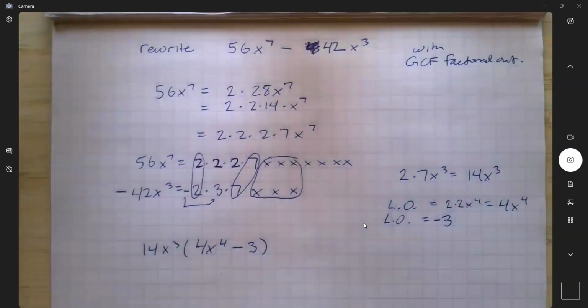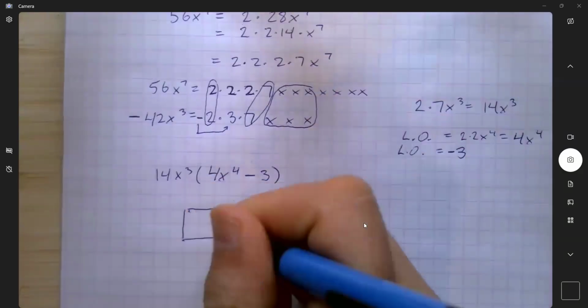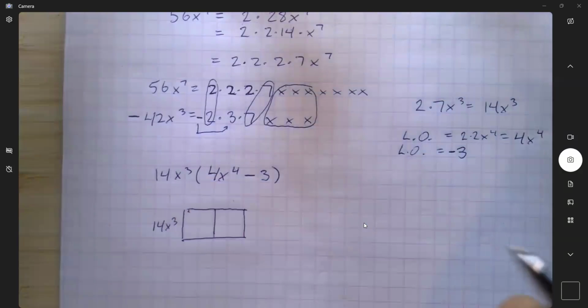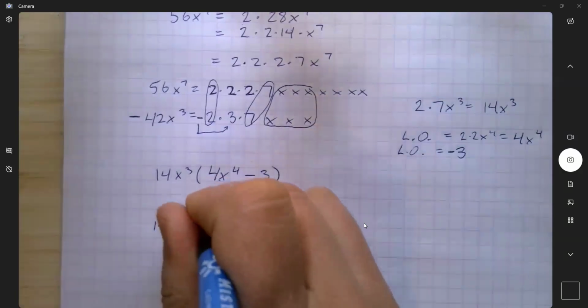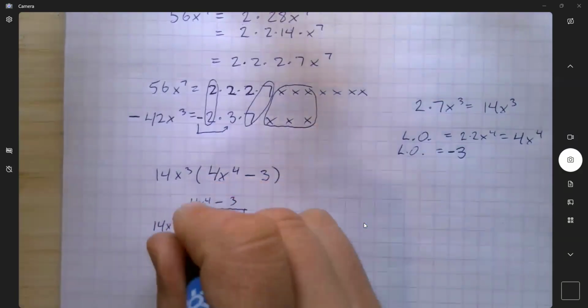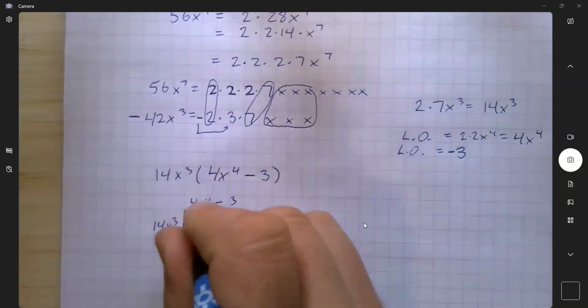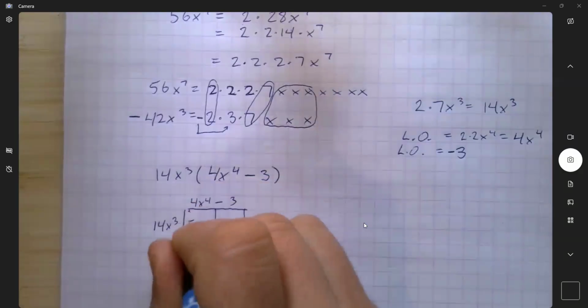And I can check again by using the rectangle method. I put the greatest common factor on the left, and I put the leftovers on the top. 4 times 14 is 56. X to the 4th times x cubed. Remember, we add the exponents.